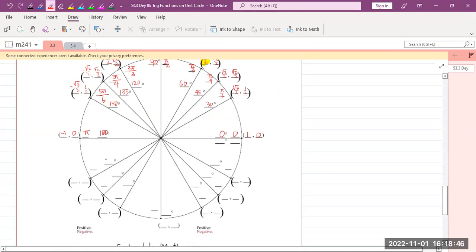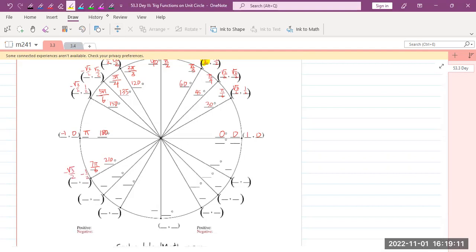In quadrant 3, the reference angle is 30 degrees, so it must be 210 degrees. The radian is 7 pi over 6. Try to memorize the special angles in radian also. The coordinate is negative radical 3 over 2, negative 1/2.